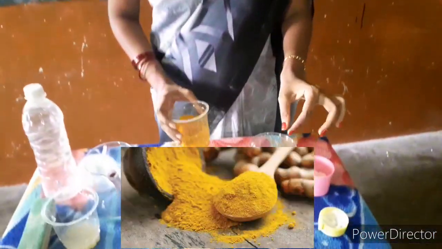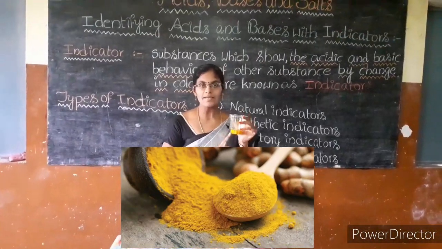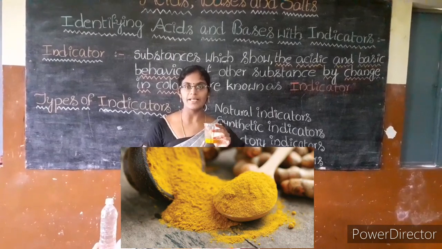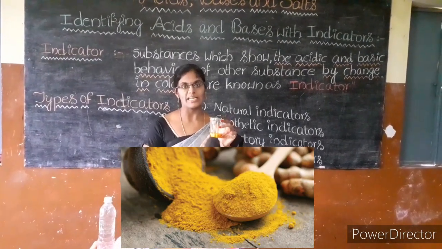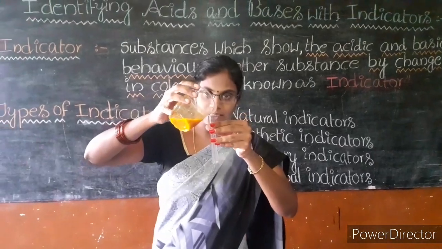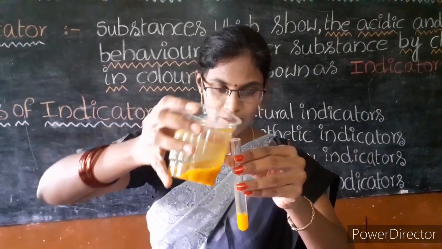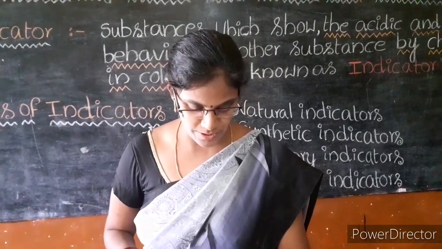First, here I am taking the turmeric solution. Turmeric is also one of the natural indicators, and the color of the turmeric is yellow. I am pouring this turmeric solution into two test tubes.